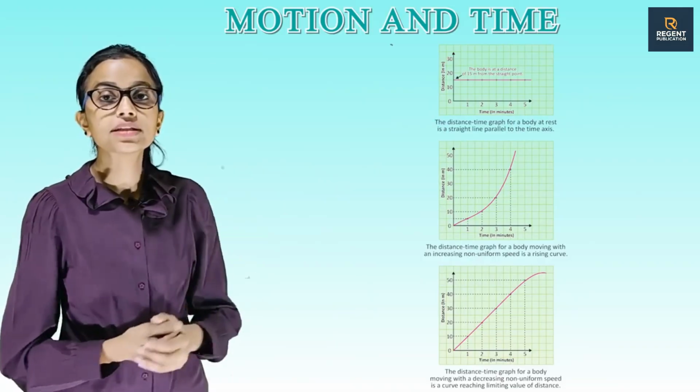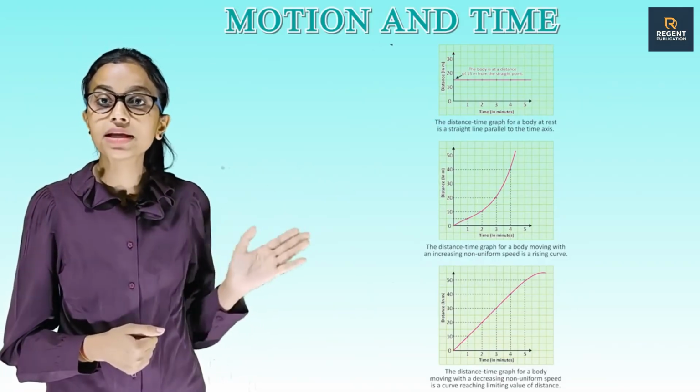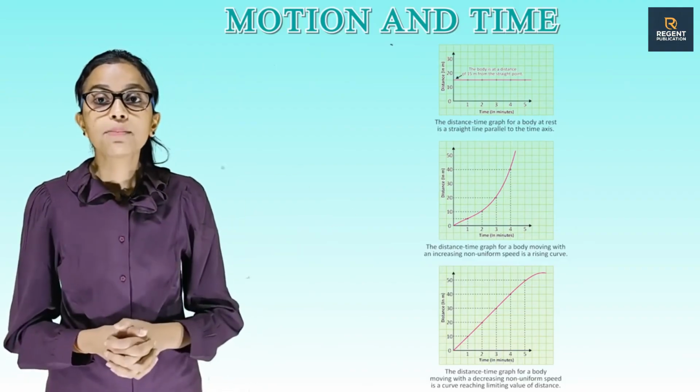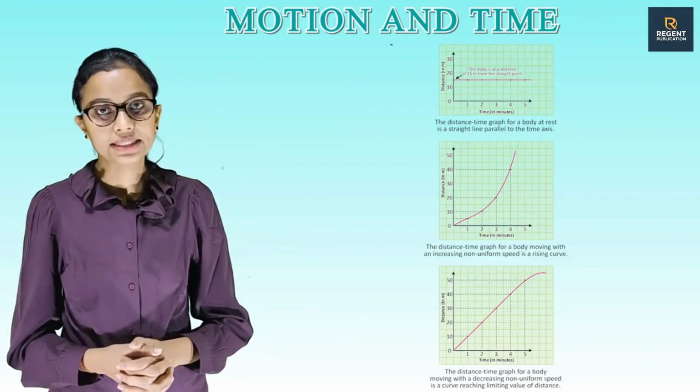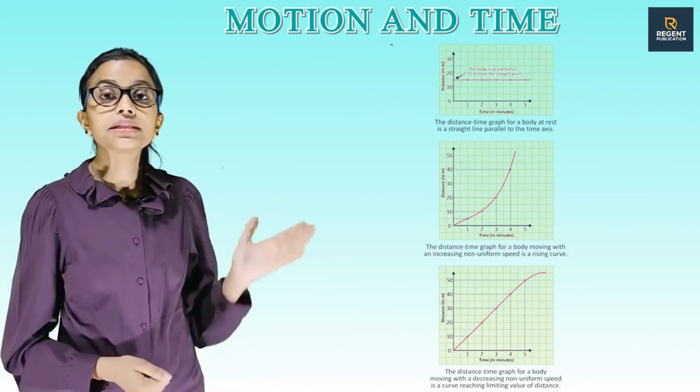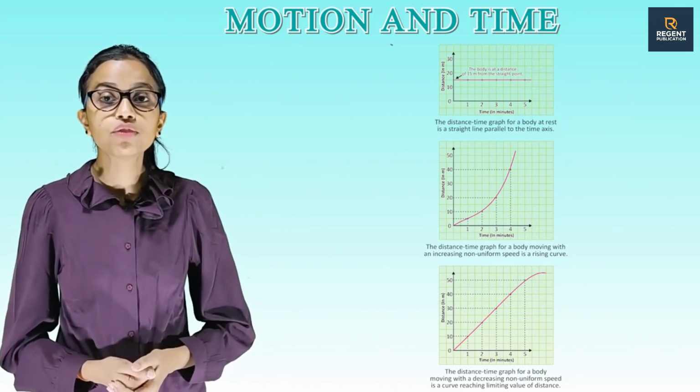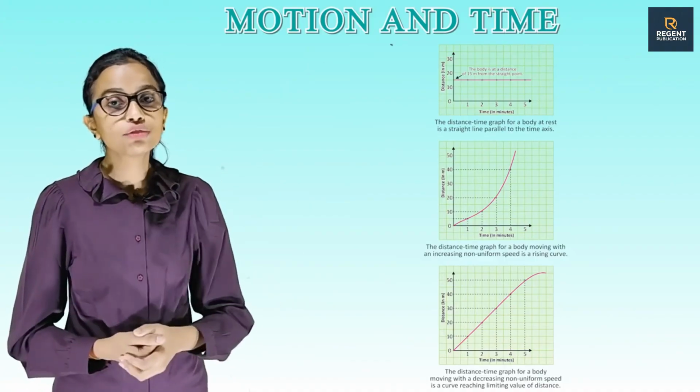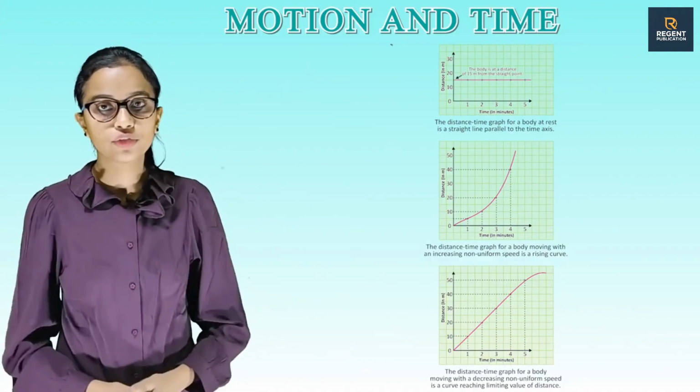The first one is the distance time graph for a body at rest, which is a straight line parallel to the time axis. And the next one is the distance time graph for a body moving with an increasing non-uniform speed, which is a rising curve.